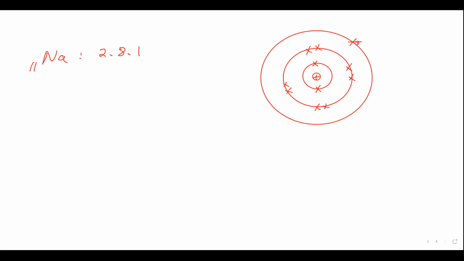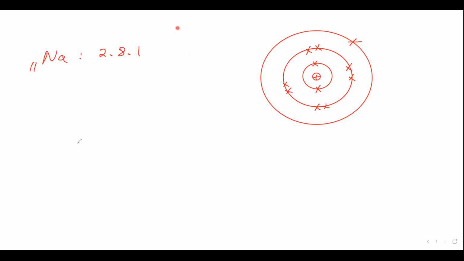It's easier to remove this electron because, as you see, this electron is further away from the nucleus, and this means that the attraction force between this electron and the nucleus is the least. We need the least amount of energy to remove this electron because it is the furthest away from the nucleus.